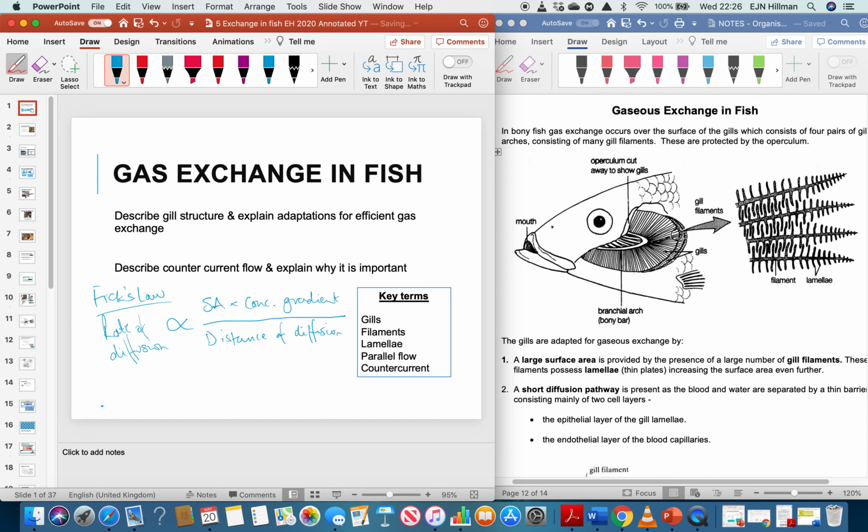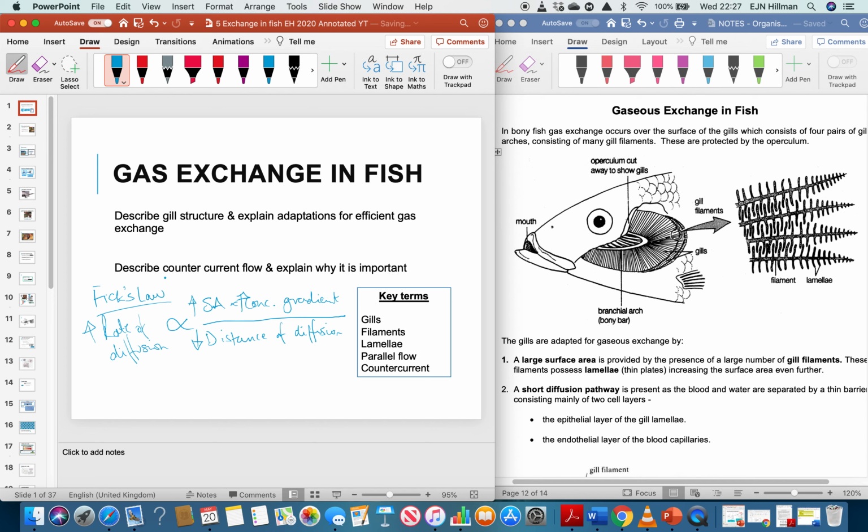Okay, so when we look at gas exchange in fish, we need to consider how to increase that rate of diffusion. So we need a larger surface area, maintain a concentration gradient, and a short distance of diffusion. We're going to have a look at the structure and explain how those adaptations enable a fast rate of diffusion.